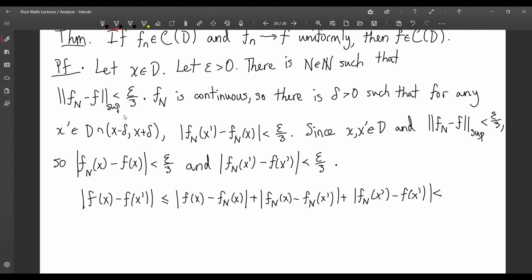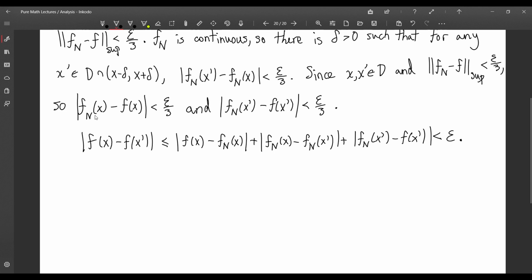And each of these pieces is less than epsilon over 3, so this whole thing is less than epsilon. And this shows that thus f is continuous at x.